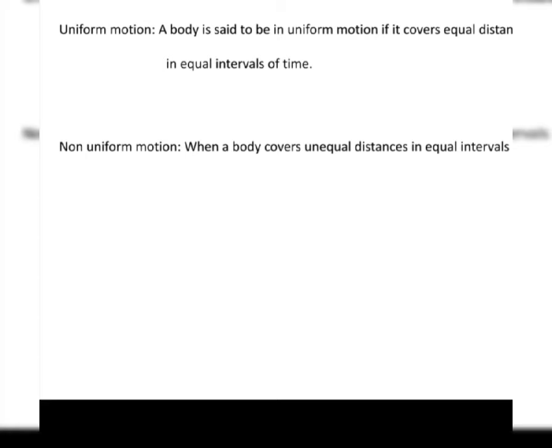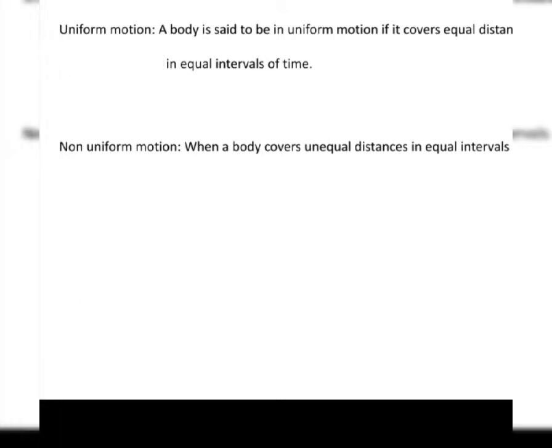That means in every 1 hour it's covering 40 kilometer. In the next 1 hour it's covering another 40 kilometer. In total it covers 80 kilometer. That is uniform motion. Now, what is non-uniform motion?